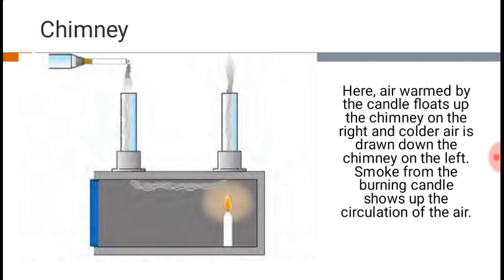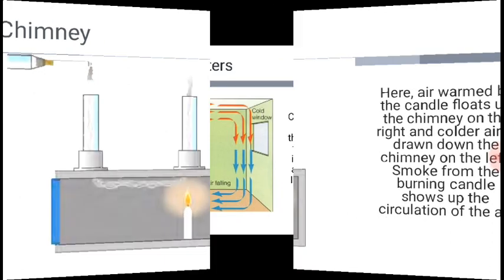So when the candle lights up, the hot air goes up through this chimney and the colder air gets inside, so a circulation happens. Ultimately, the area inside stays cooler. This is a technique which people working inside mines use to keep themselves cool. So this is one example.